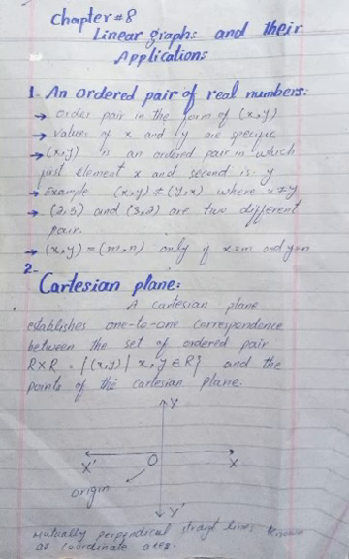If x and y belong to the real numbers, then we can draw a Cartesian plane. We can draw the values of (x, y), because (x, y) is a point which we can draw in the Cartesian plane. So these are the points of the Cartesian plane.